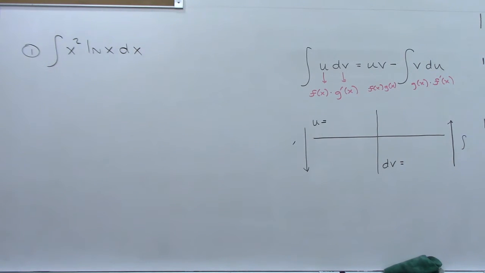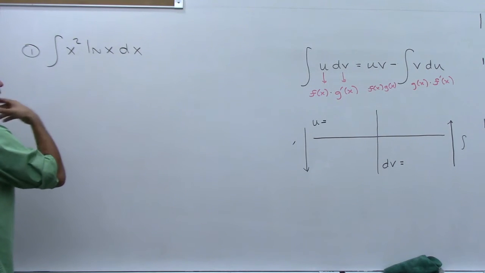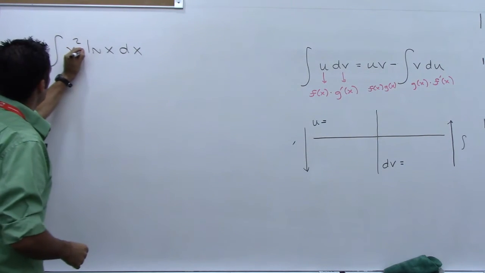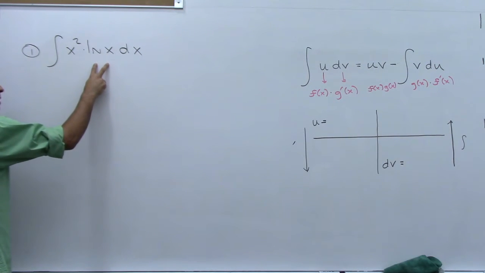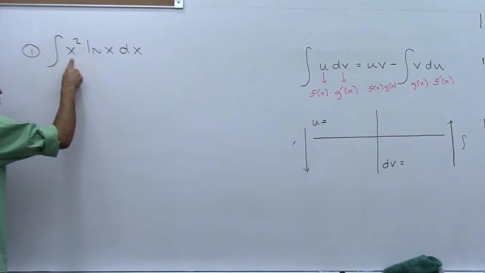Okay, so I need to first realize this is not any of the other techniques, so I don't see a basic substitution. But I do see that these two functions are separated by multiplication, that if I take my natural log and take the derivative of it, I get 1 over x. And then if I integrate this, I get 1/3 x cubed.